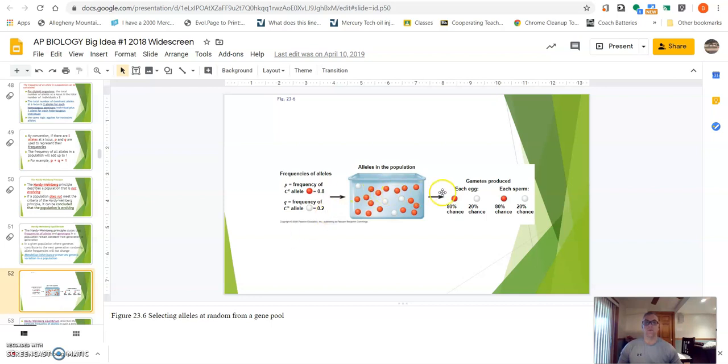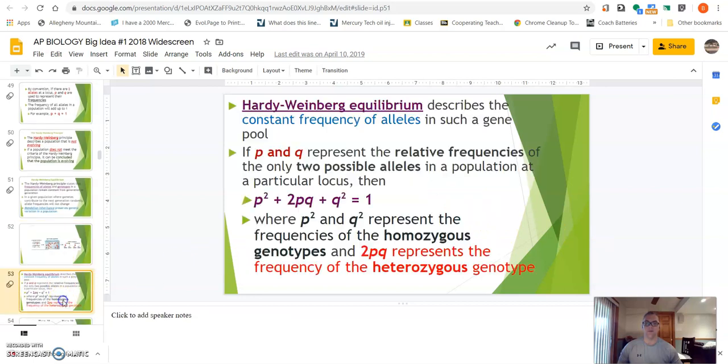So this represents our gene pool, the pool of all of the different alleles that are in there. It's telling us that out of this gene pool, 80% of these are red, 20% of these are white. So when we go to form the gamete, whether it's the egg or the sperm, those ratios are going to hold true. It's going to be an 80-20 split.